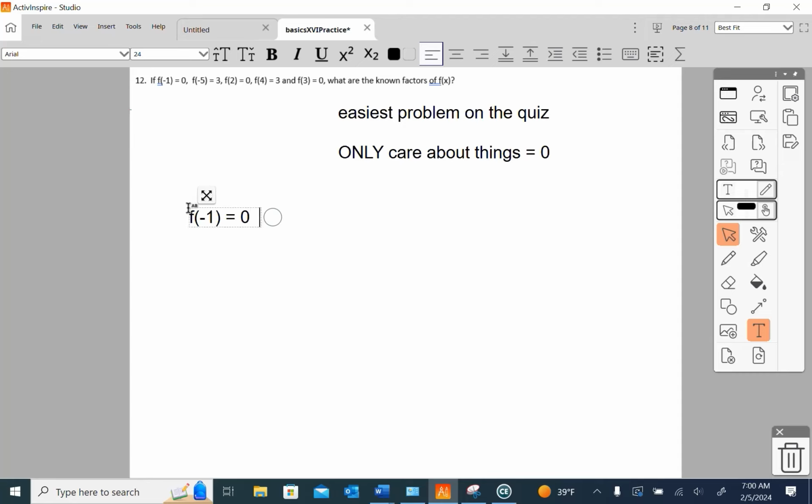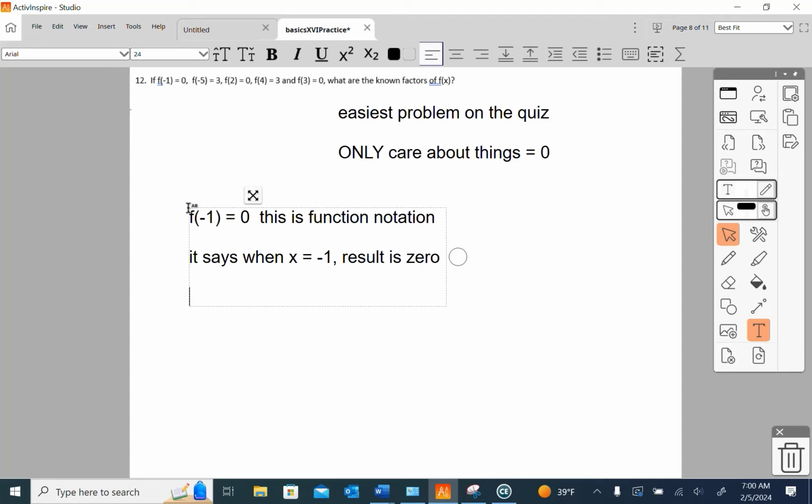This is function notation. It says when x equals negative 1, comma, the result is 0, which means x plus 1 is a factor.